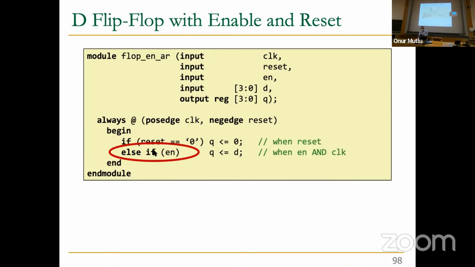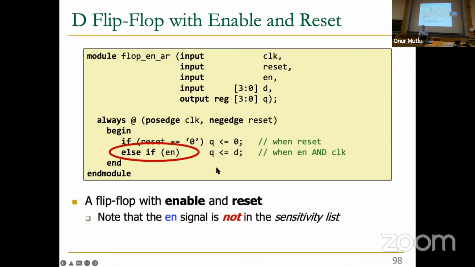And you can see this behavioral statement again satisfies that. Reset takes priority, so you execute these statements on the positive edge of clock or negative edge of reset. Otherwise, if the enable signal is 1, then you basically propagate the input value to the Q output.